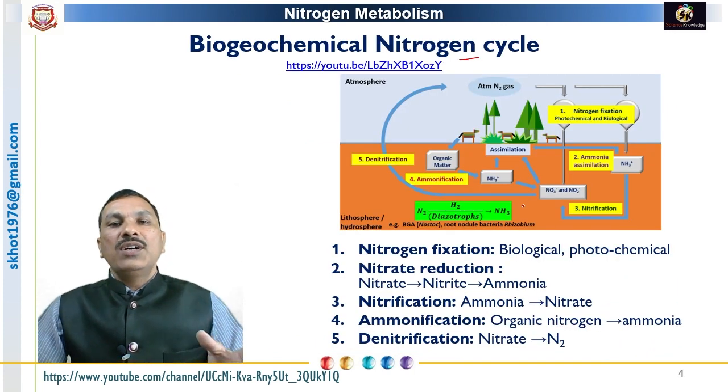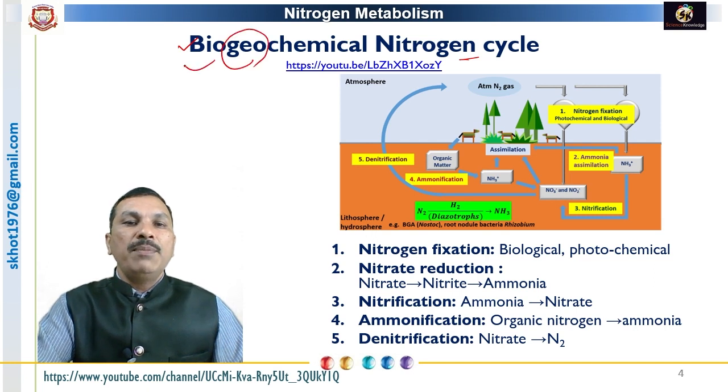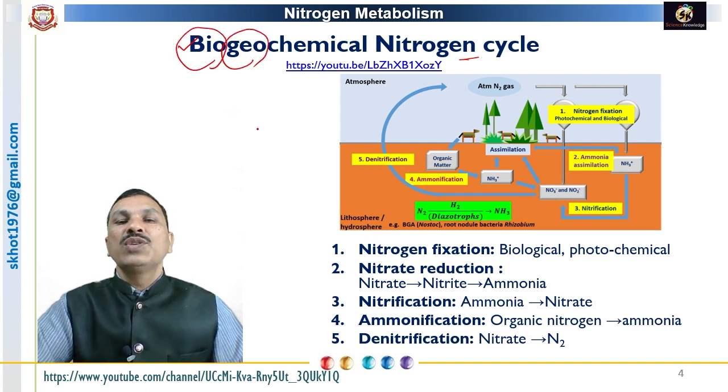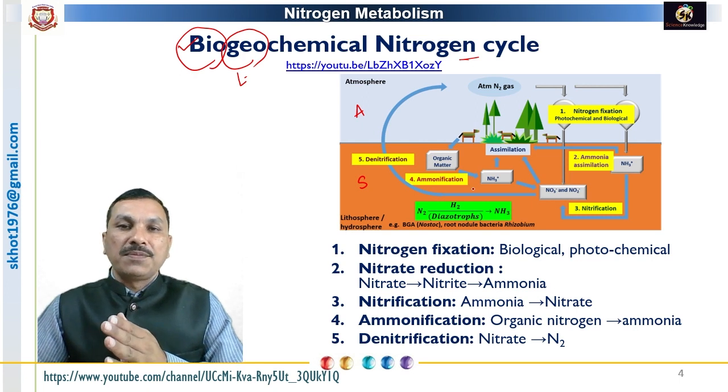For better understanding of nitrogen metabolism, we must understand the biogeochemical cycle of nitrogen. The cycling movement of nitrogen between the geosphere and biosphere is called a biogeochemical cycle. The geosphere includes the lithosphere, so soil is one part, the atmosphere, the air, and the water bodies, that is the hydrosphere.